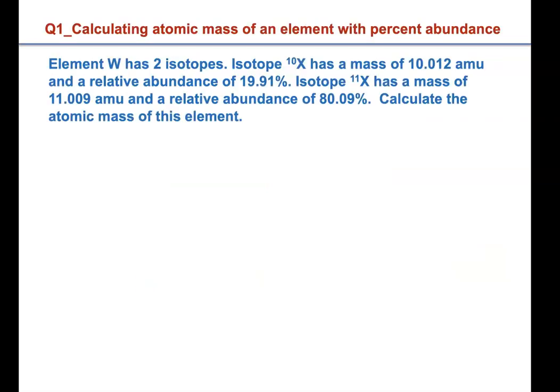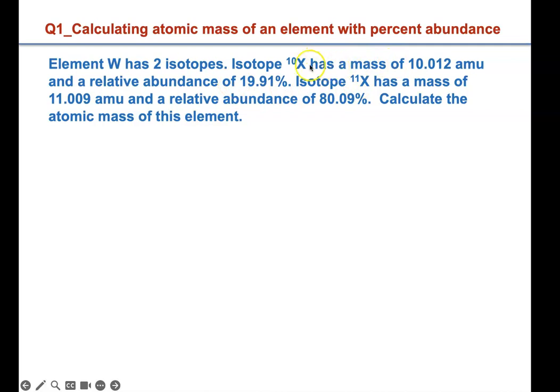So let's do our first question. This is how you calculate the atomic mass of an element when I give you the percent abundance. So it's a percentage. Percentage is out of 100 how much. Say there's an element called W. It has 2 isotopes, isotope X10 and isotope X11.